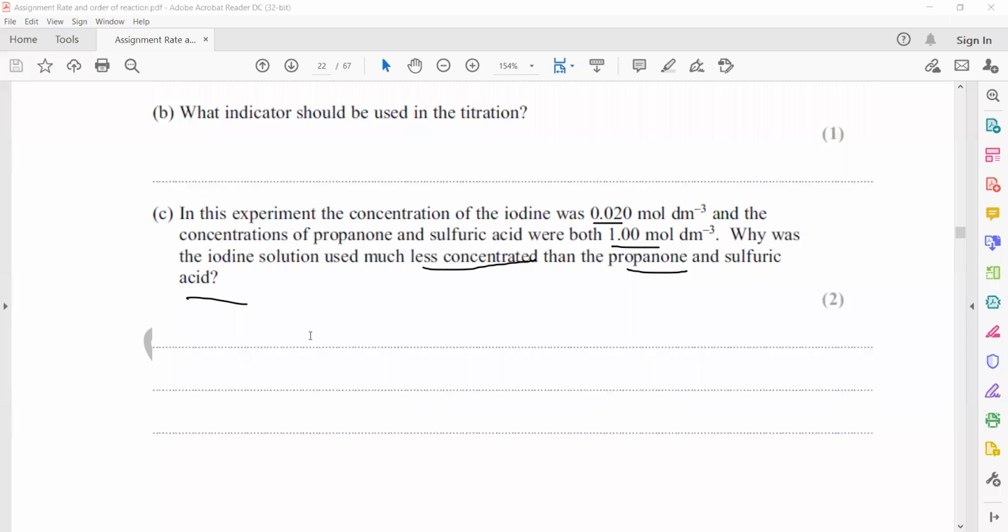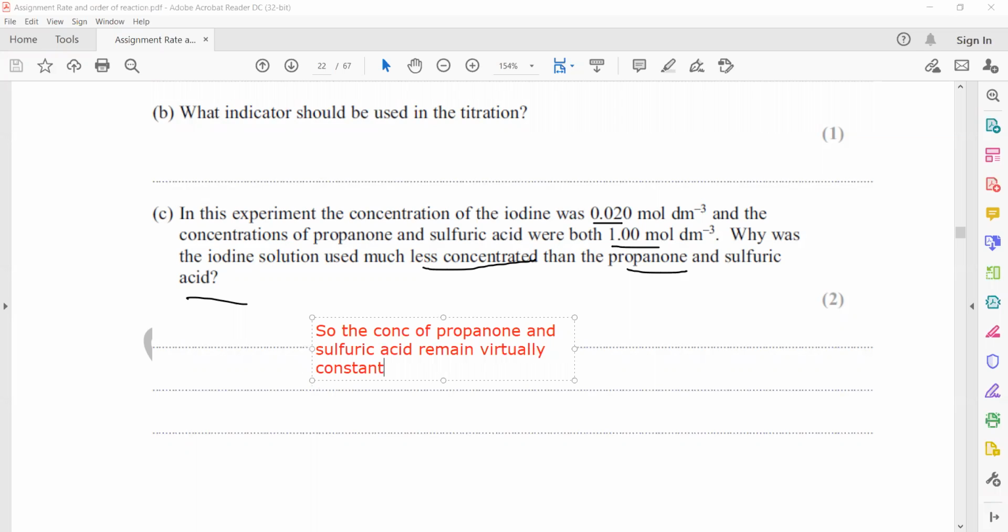So why are we using excess of these two? So the concentration of propanol and sulfuric acid, or acid catalyst, remains virtually constant.